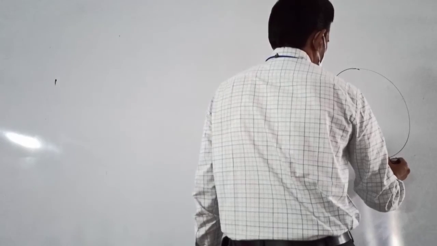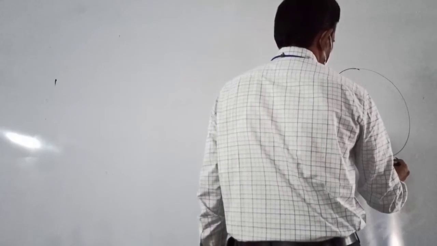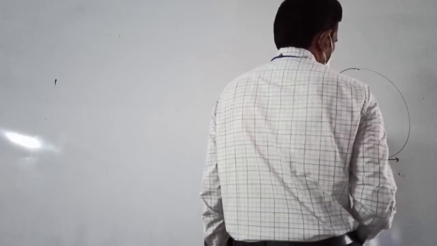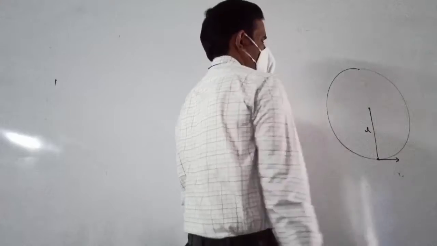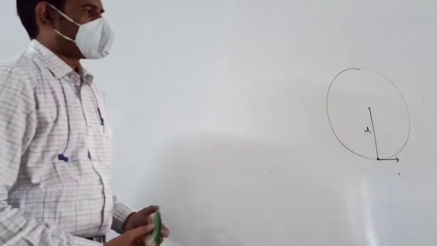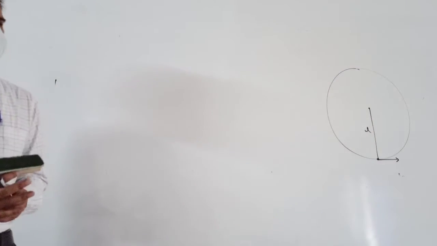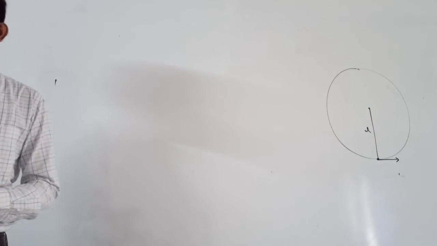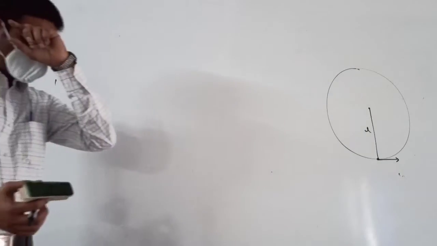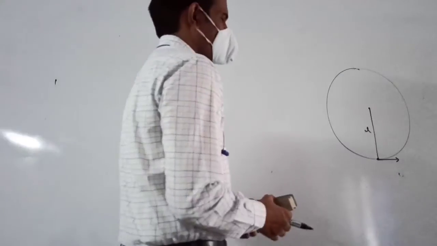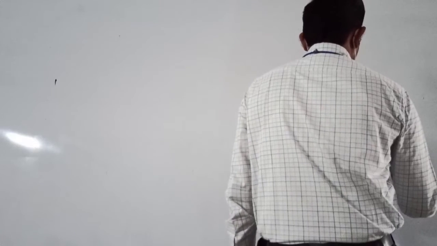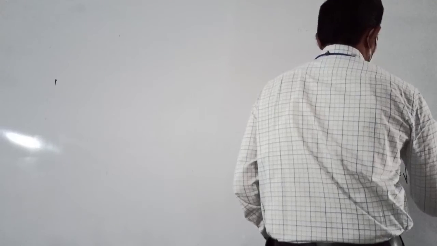The tangential velocity given to the bob of a simple pendulum at its lowest point is under root of 7gl by 2.